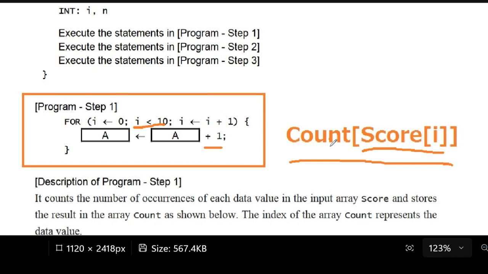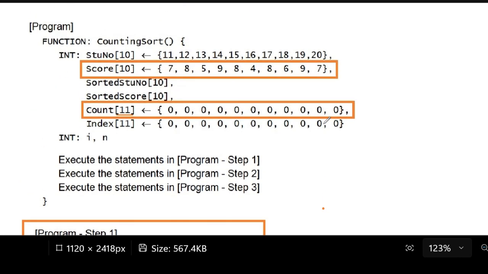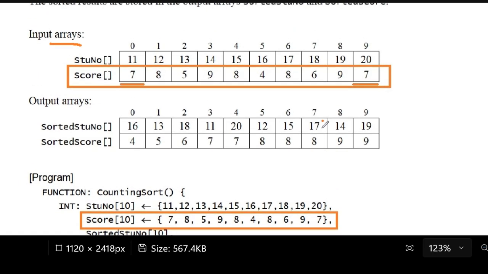Remember, count is an array, which is a container of containers. What that means is, if the container that we're talking about is 7 for count, then we need to add a 1 there, because currently its value is 0, so it would have a 1.